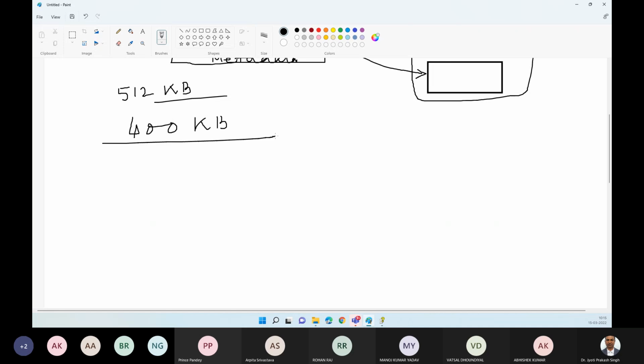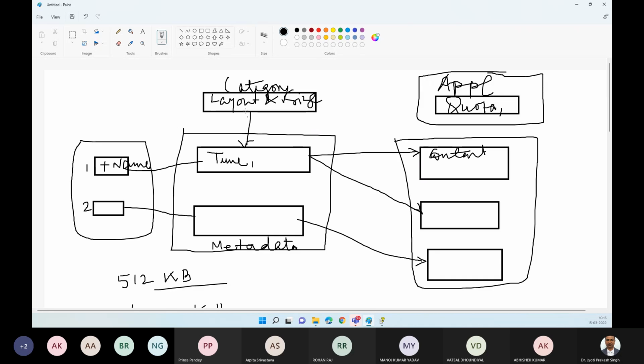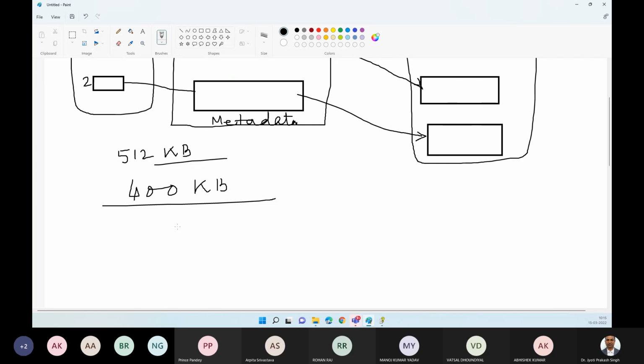Due to the uniqueness of this file system, or the data structure it uses, say it uses 512 blocks for storing the real content, but it uses small chunks for the file name, where the file name is restricted, and for the timing information and quota and all other fields. It has a smaller part, and hence the total usage of this disk in this case is only 400 KB. Am I clear?